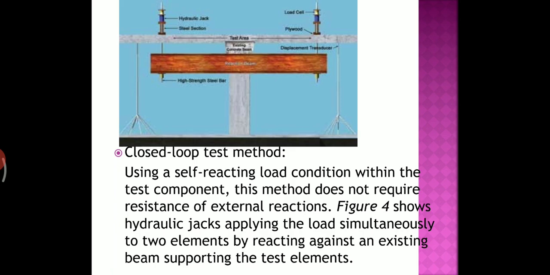That's why it is called using self-reacting load condition within the test component. Hydraulic jacks apply the load simultaneously to two elements by reacting against an existing beam supporting the test elements.